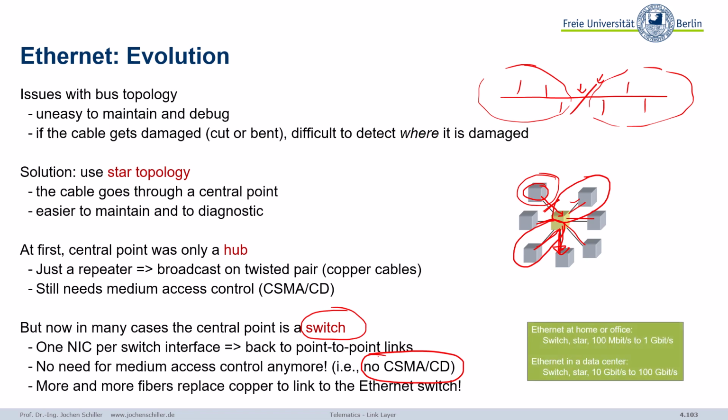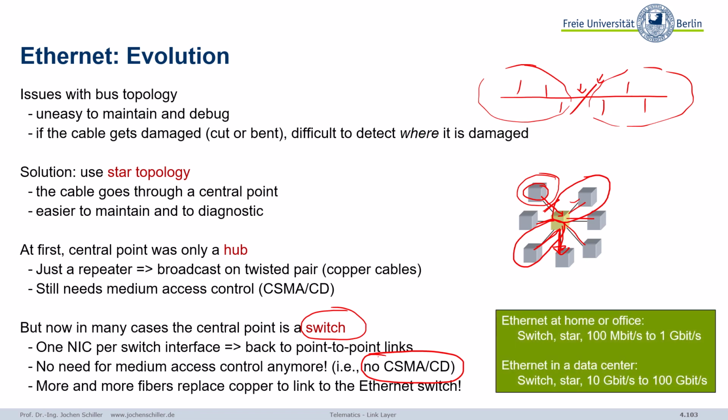So in the end, the classical setting today, at home, in the office, or also in data centers, connecting computers, you have a switch, quite powerful switches, a star topology, and then at home something between 100 megabit and gigabit, and in a data center something between 10 gigabit up to 100 gigabit per second or even higher.